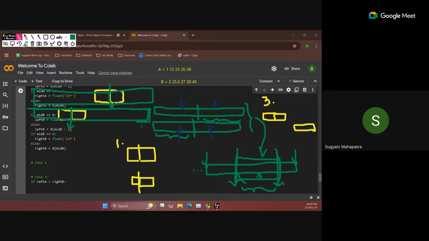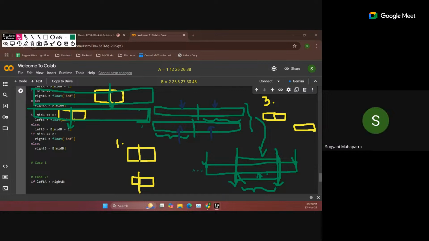But we don't know exactly where the left of the middle and the right of the middle should go. So we have these two lefts and two rights now: the left for A and left for B. The minimum of the lefts will lie somewhere around here, and the maximum of these two values will lie somewhere around here, and all the other values will lie here, right?